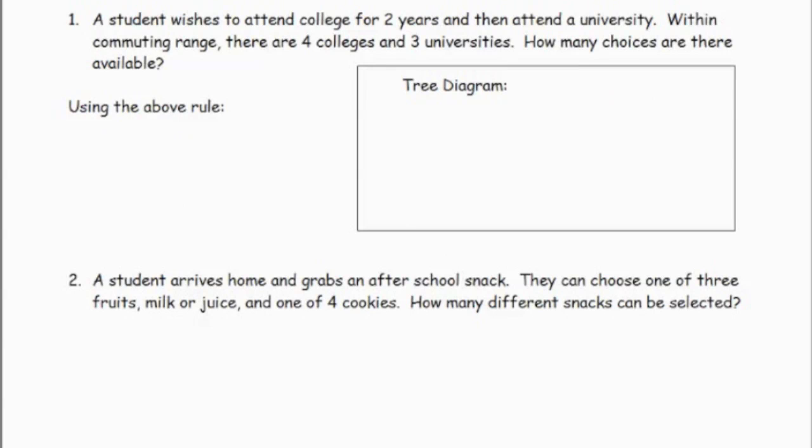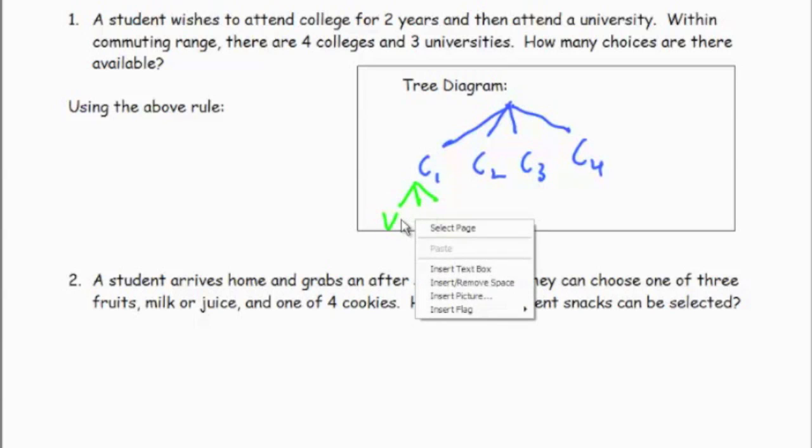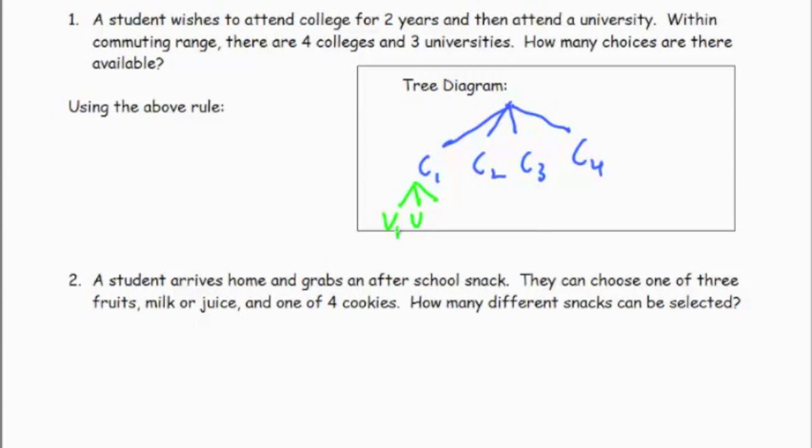Okay, using a tree diagram, we'll load in the colleges first, and we can just talk about those colleges: C1, C2, C3, C4. I'm not going to name them. I don't want to name Langara and all of these different colleges. And then the universities, we will just list those as U1, U2, U3.